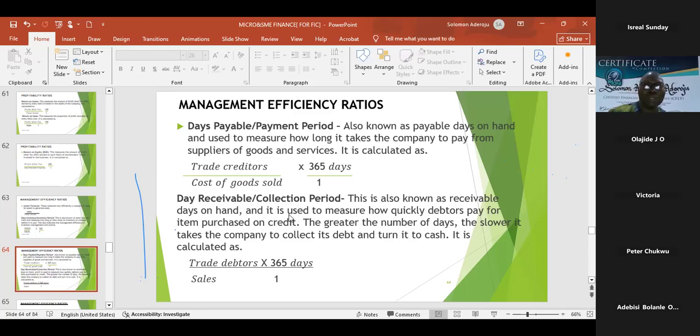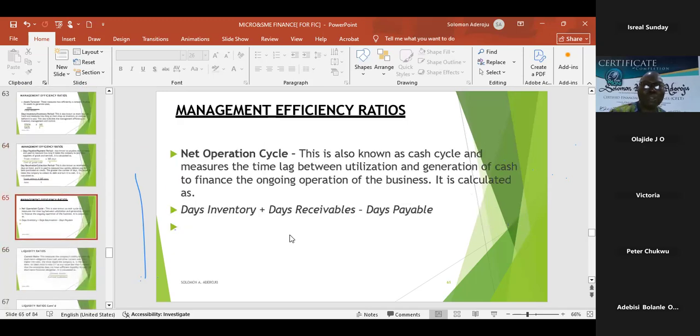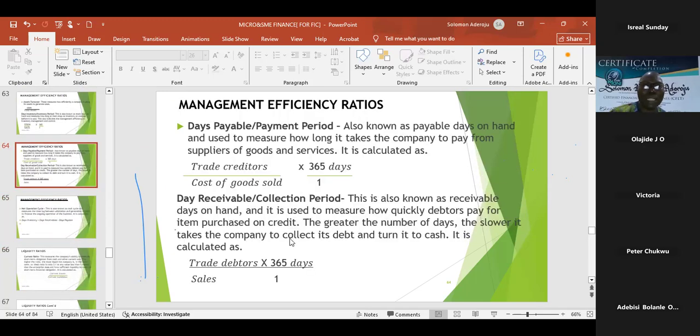So receivable days is trade debtors over sales, times 365 days. So it is a number of days. How many days will it take them to collect their debt? For example, in 2023, it takes them 50 days to collect their debt from their debtors. Then in 2024, it has increased to 100 days. That means the management is no more efficient, and there's a problem somewhere.